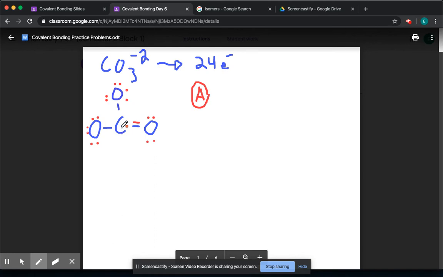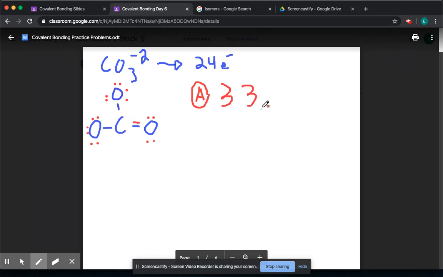Our central atom is carbon. How many bonds do we have? Remember, double bonds still count as 1. So this is 1 bond, this is 2 bonds, this is 3 bonds. First number is 3. The second number looks at just bonds. So how many bonds do we have? Again, we have 3. And the third digit looks at just lone pairs.